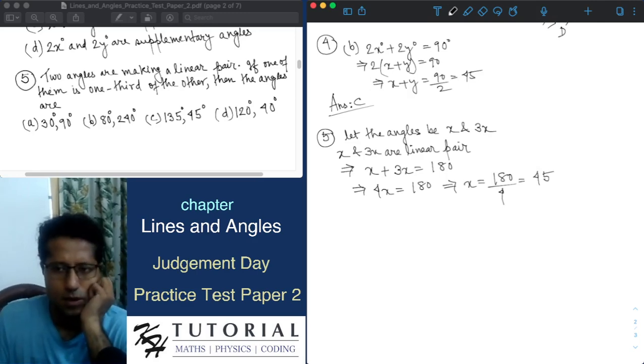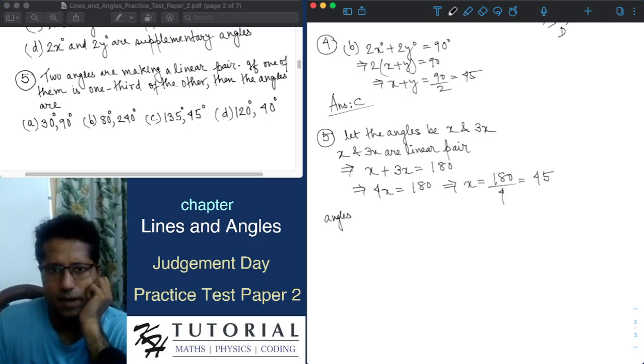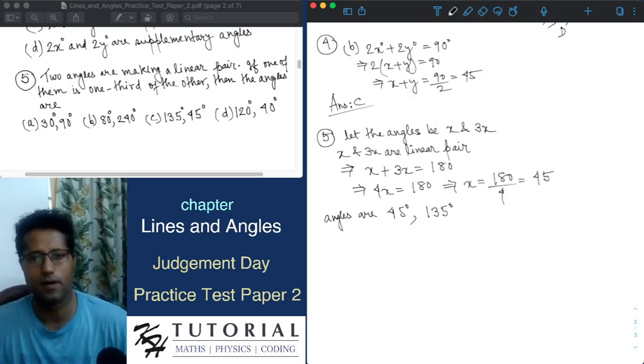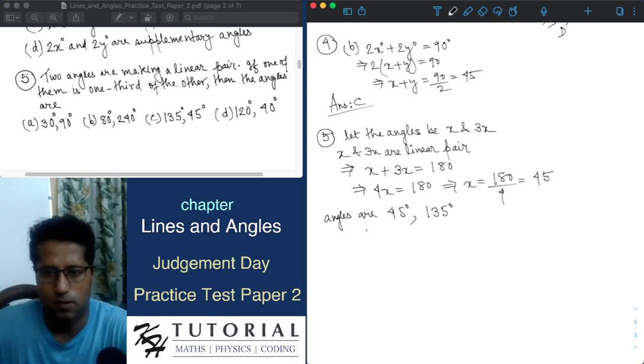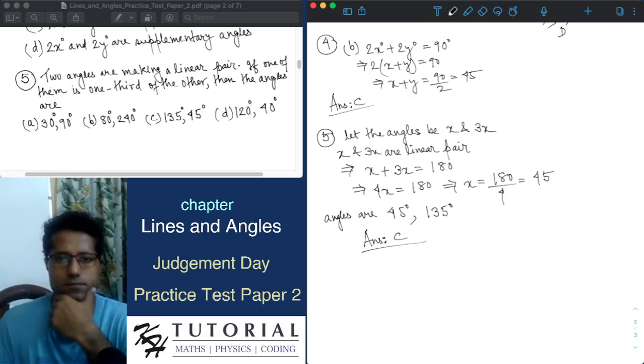So x is 45, and 3x will be how much? 45 into 3, which is 135. So the angles are 45 degrees and 135 degrees. So the correct choice is C. Okay.